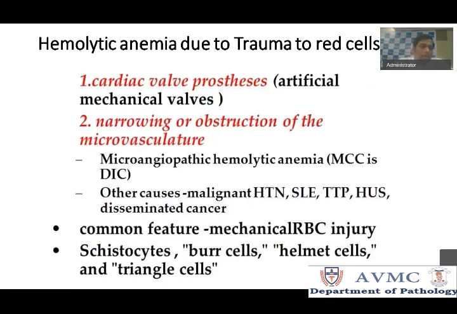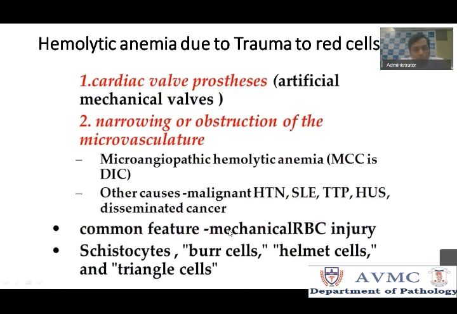Apart from microangiopathic hemolytic anemia, where the RBC is getting lysed by thrombi in the blood vessel, there could be other causes for breakage of RBCs, like cardiac valve prostheses fitted in a heart patient, which can cause rupture of RBCs, or any narrowing or obstruction of the microvasculature, as in our case, and some other causes like mechanical RBC injury, like march hemoglobinuria.